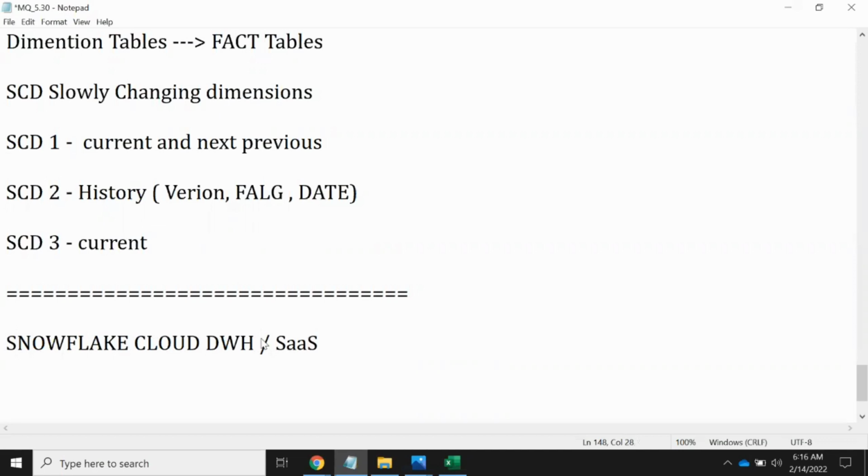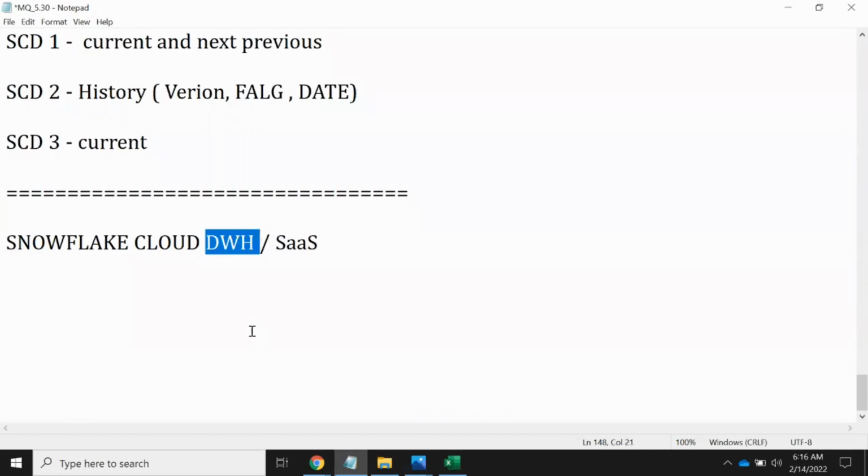Now we understand what data warehousing is and what the terminologies in data warehousing are. Now coming to the cloud, what exactly is the cloud, and why are we going to call Snowflake a cloud data warehousing solution?